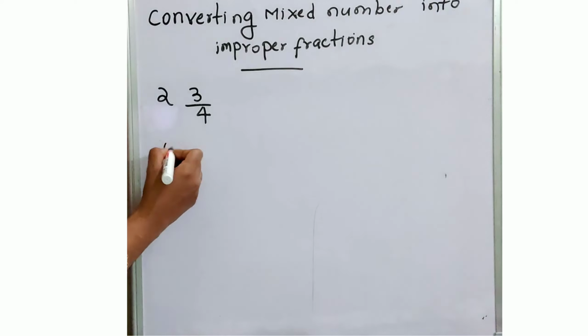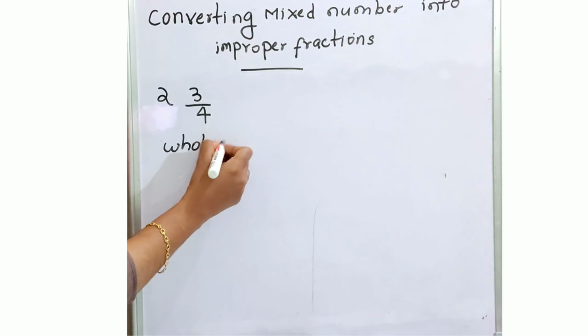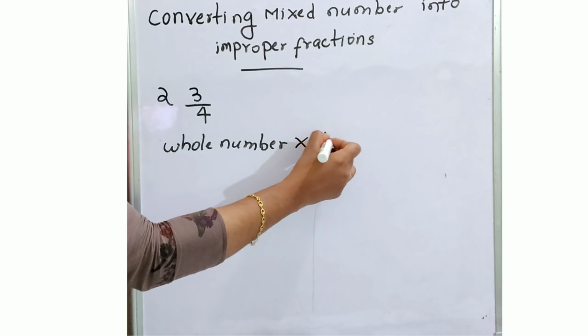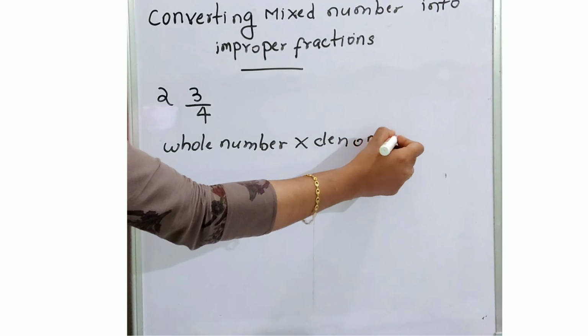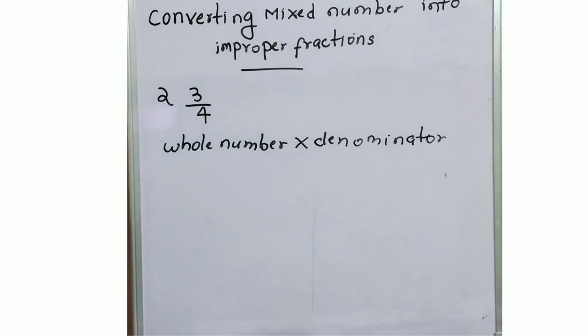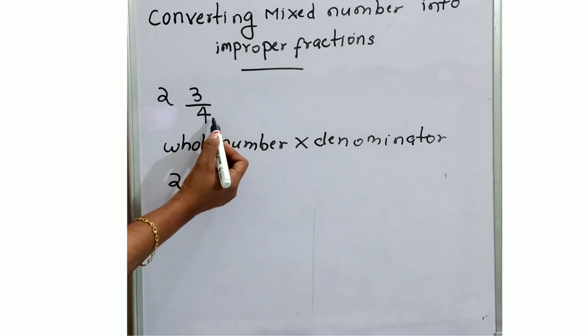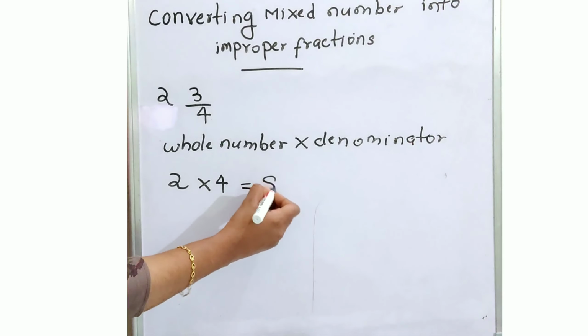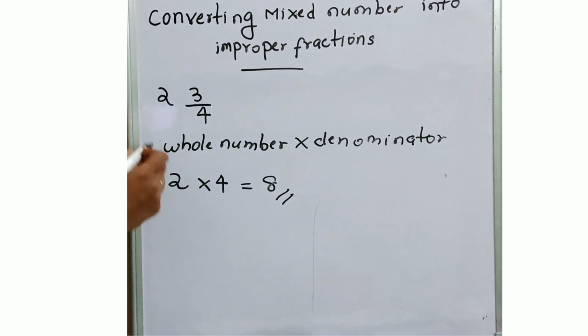Whole number into denominator. This is the first step. Here the whole number is 2, and the denominator is 4. So 2 into 4 equal to 8.